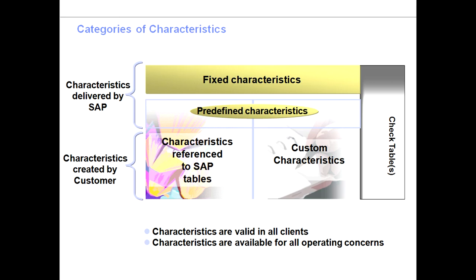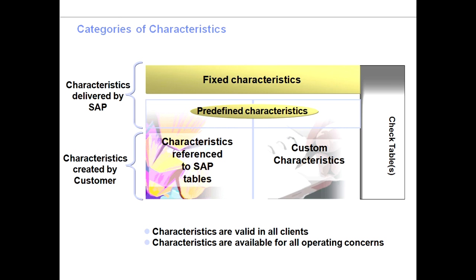The second type of characteristics are the predefined characteristics. Now, what are predefined characteristics? SAP has given certain sets of characteristics already beforehand to the users, or you can say to the organizations.